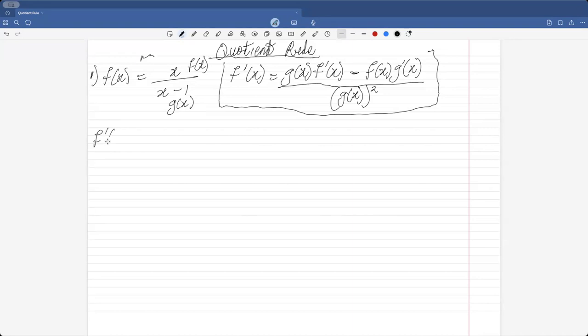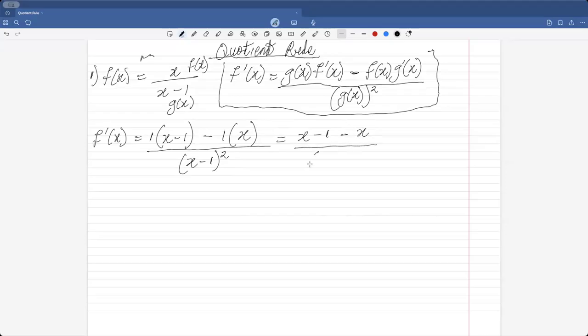So f prime x equals the derivative of x is 1, open parenthesis, x minus 1, close parenthesis, minus the derivative of x minus 1 is 1, open parenthesis, x, close parenthesis, which is all over x minus 1 all to the power of 2, which equals x minus 1 minus x all over, open parenthesis, x minus 1 all to the power of 2.